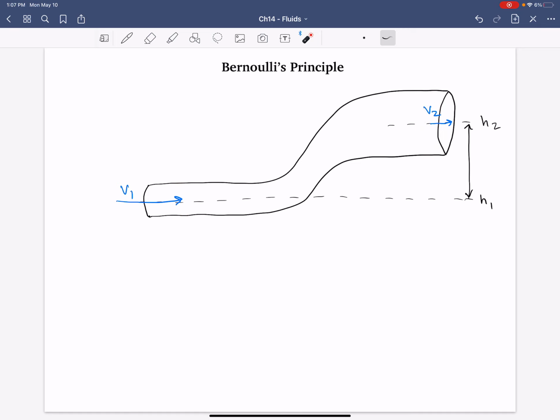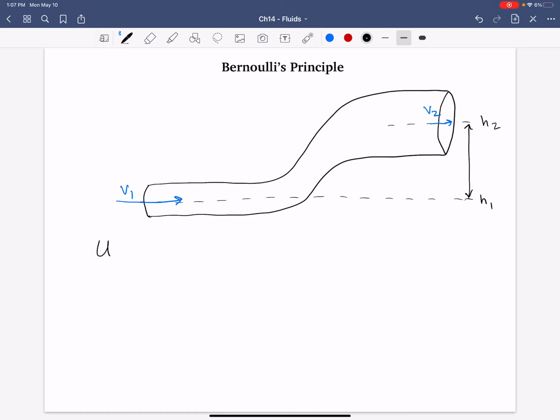So let's think of what's happening here. On average, the height of the fluid going from 1 to 2 is changing. It's increasing, it's going up. So as far as the energy goes, for say one particle or one water molecule, we might say that the potential energy is increasing.